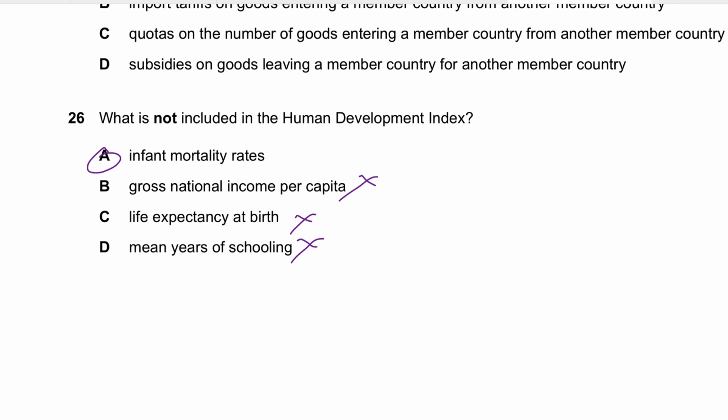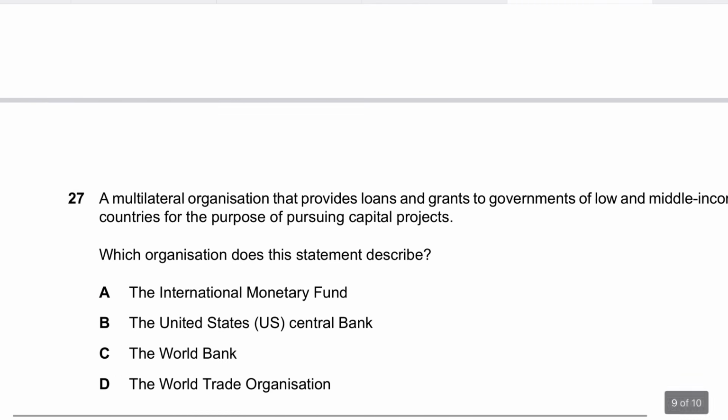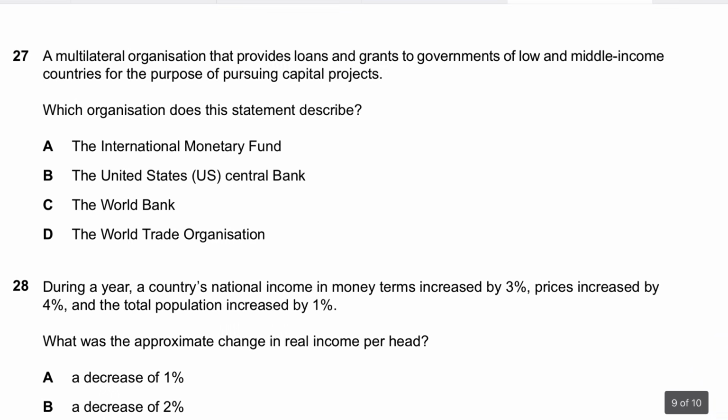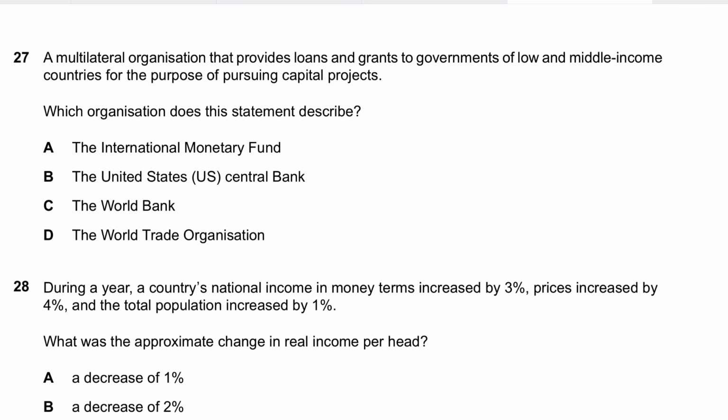Got it. Anyways, moving to question number 27. Questions on the IMF and World Bank are now tested. A multilateral organization that provides loans and grants to governments of low and middle income countries for the purpose of pursuing capital projects. Obviously this organization is the World Bank, because that's the job of the World Bank.